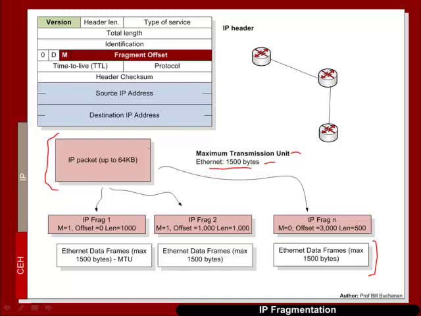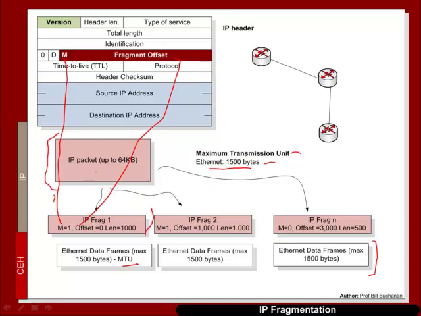So IP fragmentation takes the IP packet, if it's too big for this MTU, and fragments it up into IP fragments. In this case, the more flag is set, and then we can define the fragment offset.